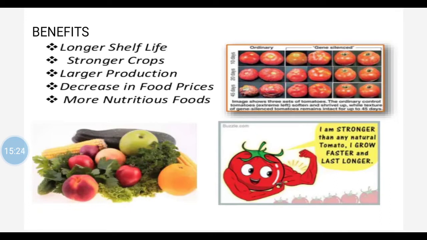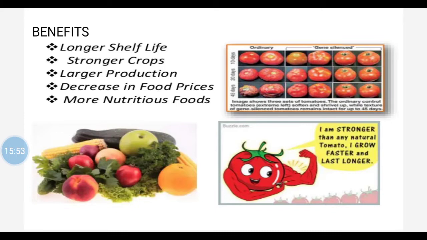Some other more benefits of these GM foods. As you can see in the slide, the shelf life of these types of foods is more. You can see in the slide the ordinary tomatoes and the GM tomatoes.